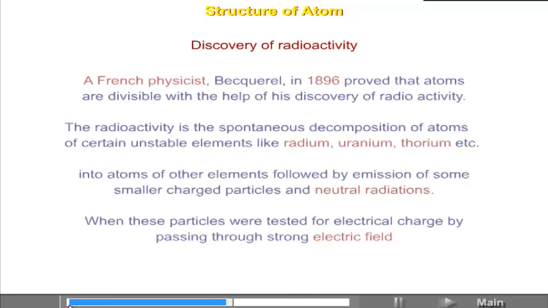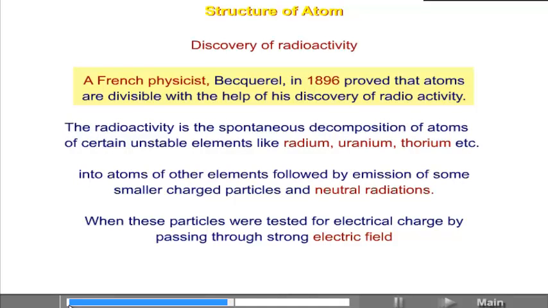Discovery of radioactivity. A French physicist, Becquerel, in 1896 proved that atoms are divisible with the help of the discovery of radioactivity.